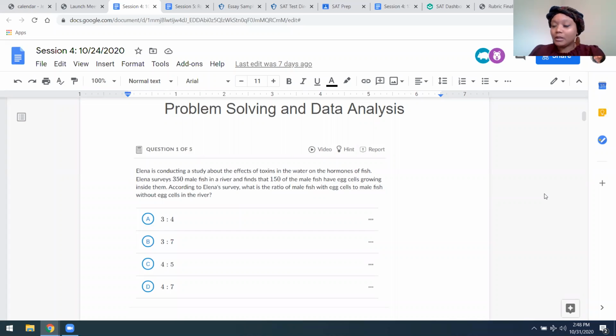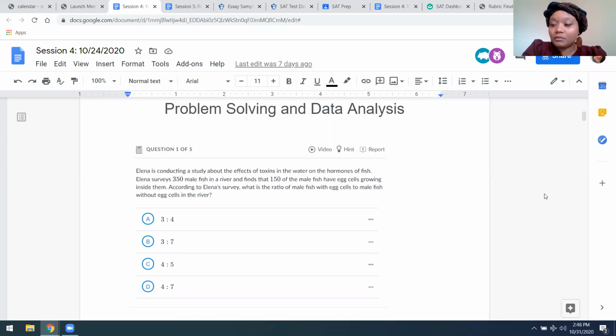I'm going to give you a couple minutes to do this problem. But before I give you time, I want to give you a tip for reading these math word problems. Try not to go off any assumptions you have about what you think they're saying. Just simply look at exactly what it's saying.